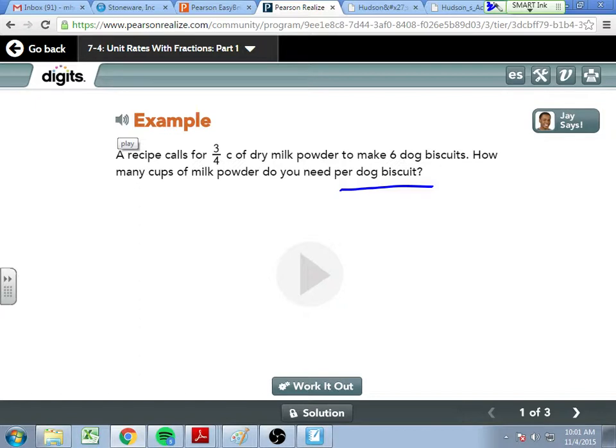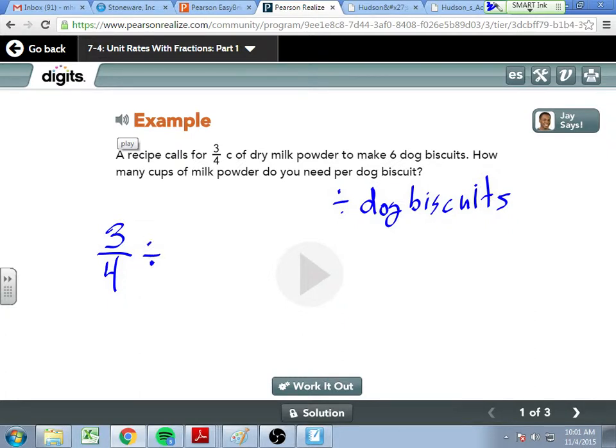The milk divided by the dog biscuits, since it says per dog biscuit, that's telling me divided by dog biscuits. So that means my milk value has to be first. So I take my 3/4 cups of dry milk divided by my number of biscuits, but that's 3/4 divided by 6.